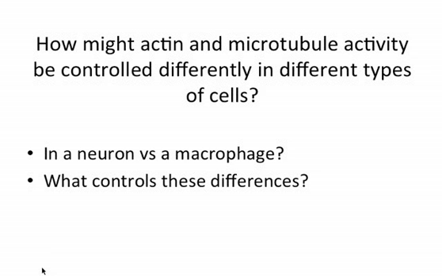What determines whether you're going to have actin moving over here and growing or moving over there and growing? What controls whether you're going to have a mitotic spindle form? Different regulatory proteins. Right, very good. Does anyone want to add to that?